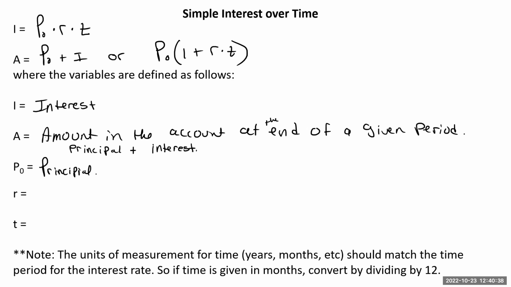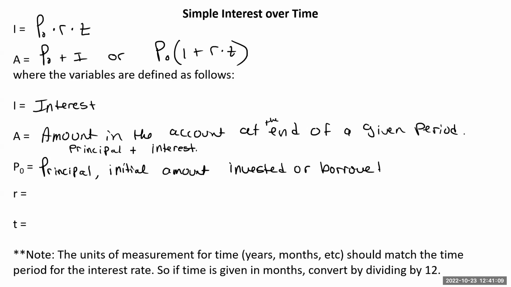So remember back in unit 2, you talked about the initial amount when you were talking about some functions. So P sub 0 is the initial amount or the principal. And that's the initial amount that you can either invest or that you borrowed.